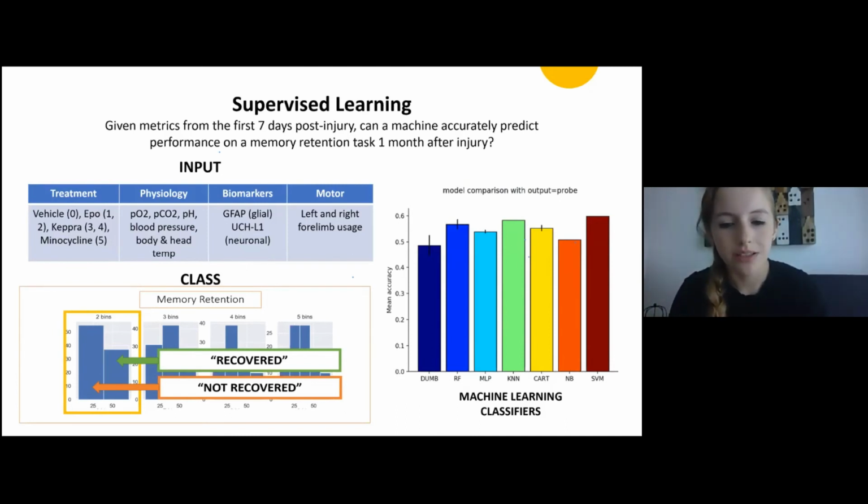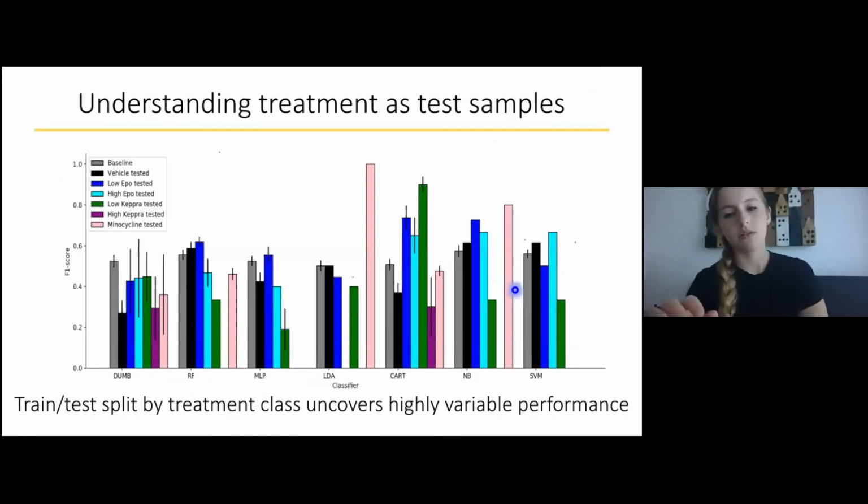So we really wanted to start picking apart why this might be. We asked the question of, is including treatment as an input impacting our results? To test this, we removed treatment as input and predetermined the folds to include only one treatment for testing and the rest for training. That is, the models were trained on all but one of the treatments and then tested on samples that it had not seen yet.